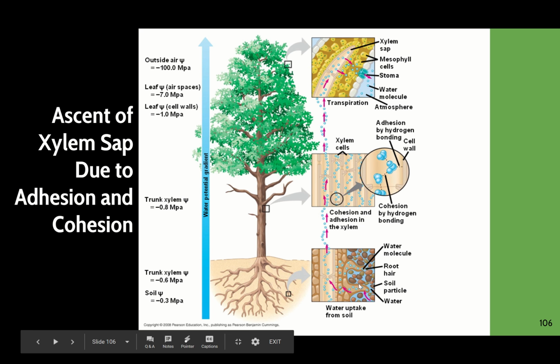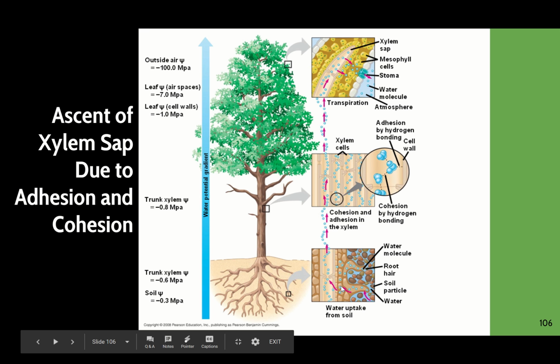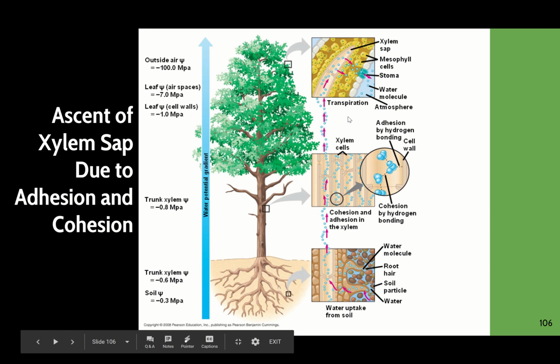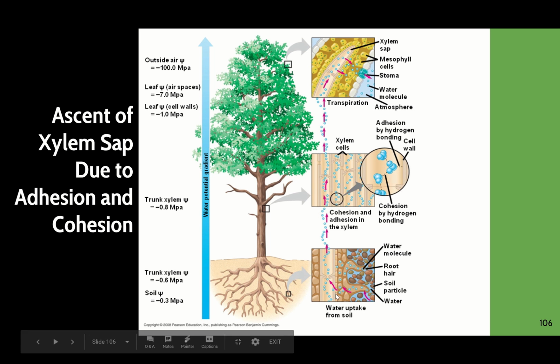So if we start here where water is getting into the roots, and as it flows upwards through the xylem, it is only going to be able to do this because of cohesion and adhesion.